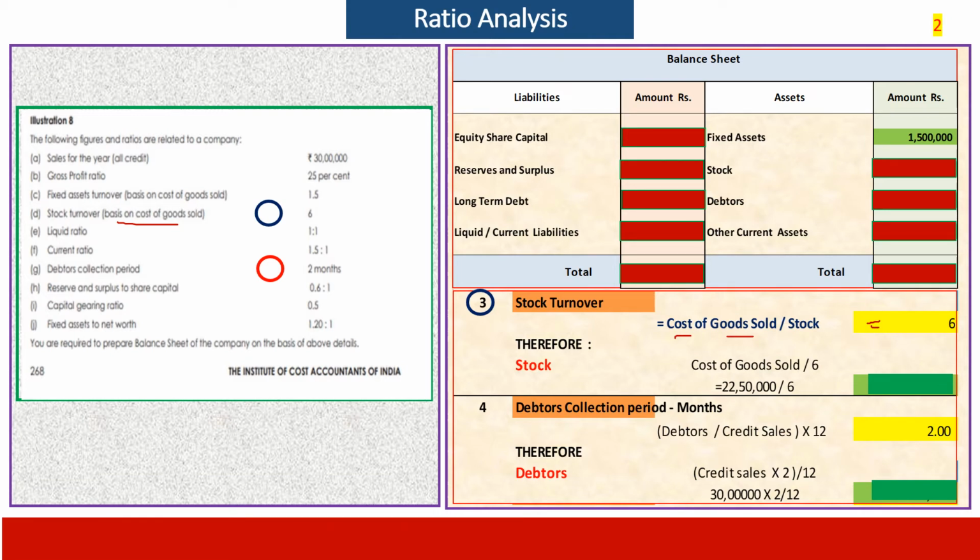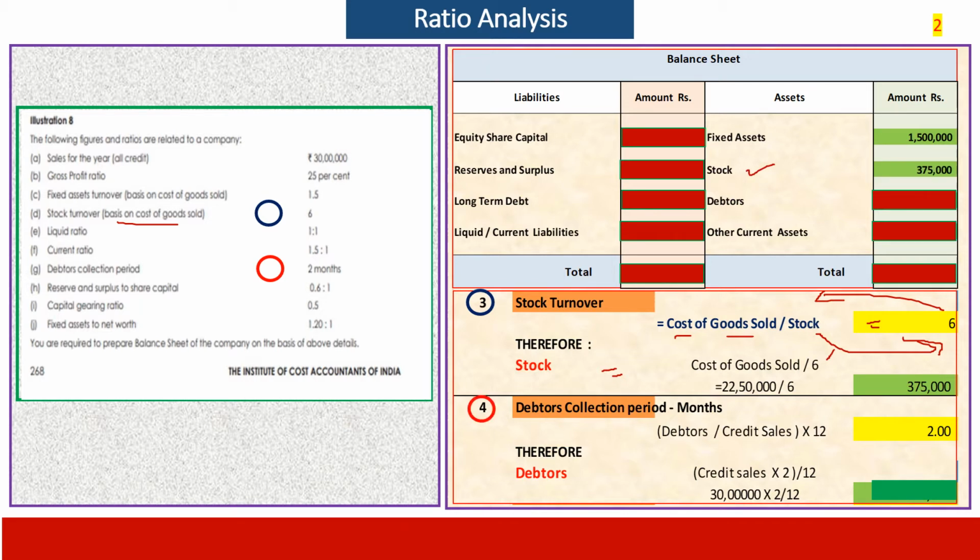This is in the denominator. Shift it to the other side, then stock equals cost of goods sold divided by 6. 22,50,000 divided by 6 is equal to 3,75,000, which is the value of stock. We will post value of stock here.